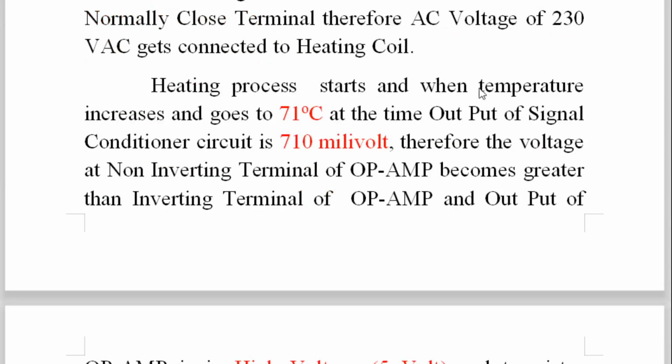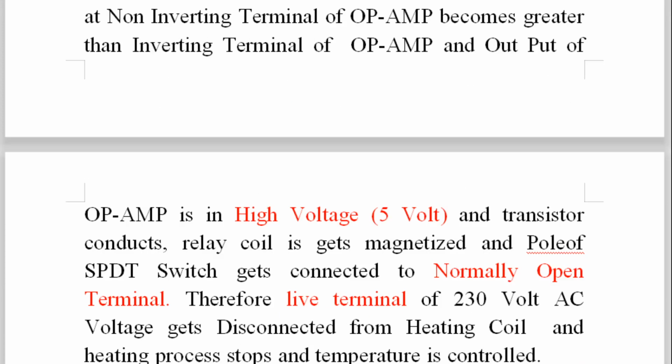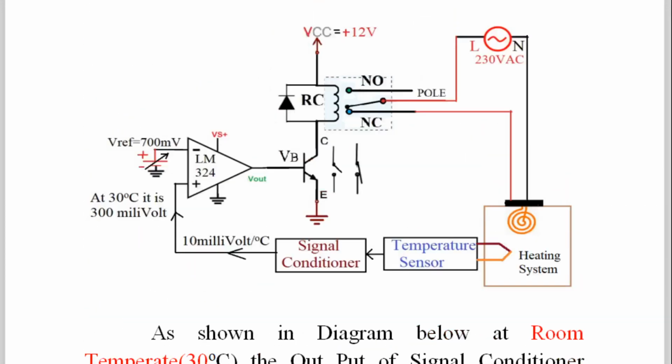Heating process starts, and when the temperature increases and goes to 71 degrees centigrade, at that time the output of the signal conditioner circuit is 710 millivolt. Therefore, the voltage at the non-inverting terminal of the op amp becomes greater than the inverting terminal, and the output of the op amp is high voltage, that is 5 volt. So at 71 degrees centigrade, this is 710 millivolt, this is 700 millivolt, so the output of the op amp will be high voltage. The transistor will behave as a closed switch now.